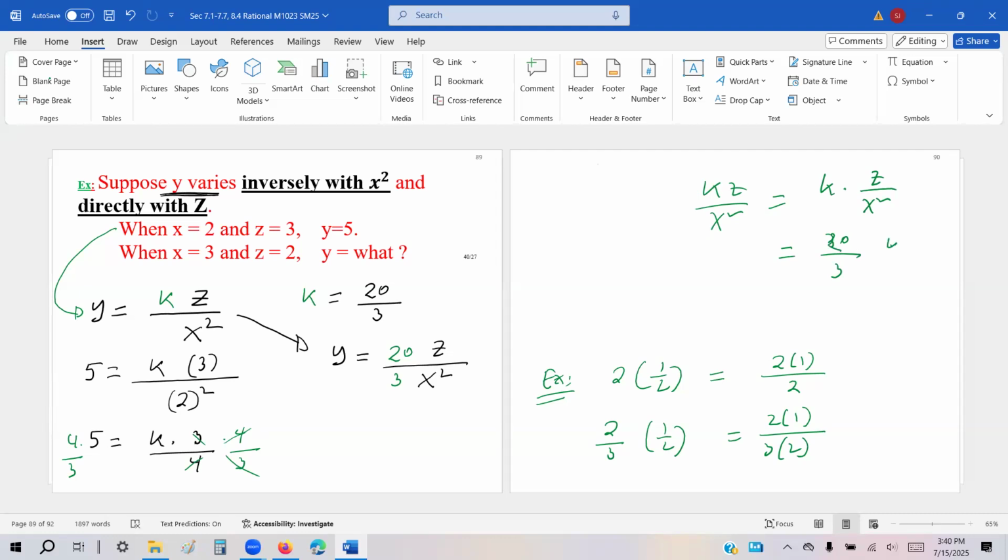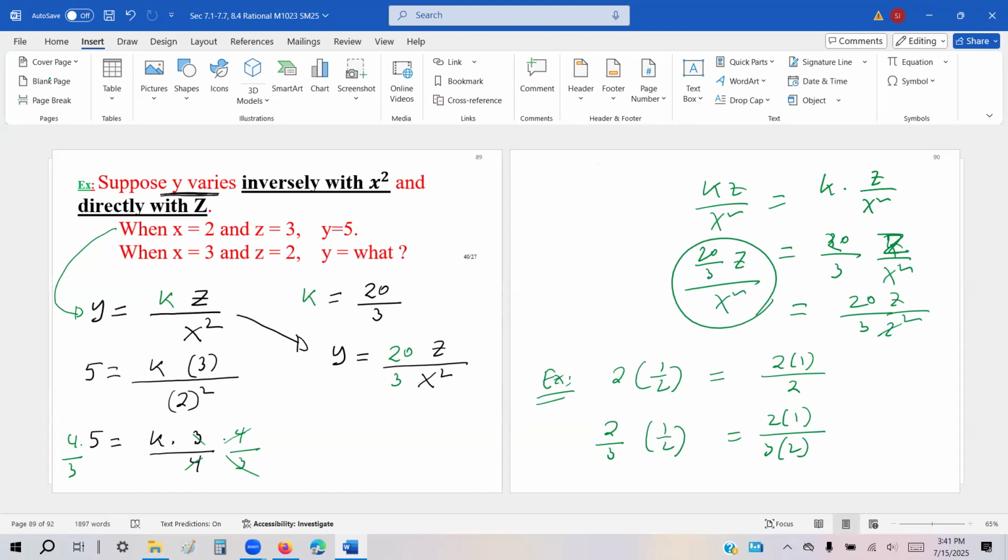The same thing, okay? So if we have 20/3 times z over x squared, you can simply write 20 z over 3 x squared. This is the same as 20/3 z over x squared. This looks bad.